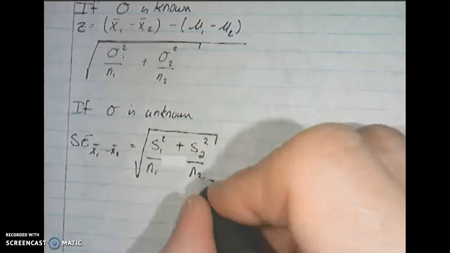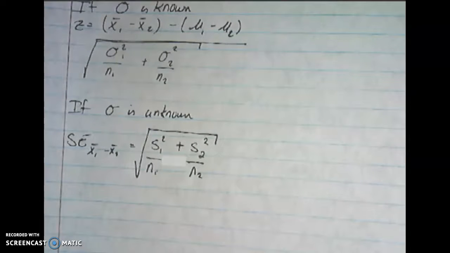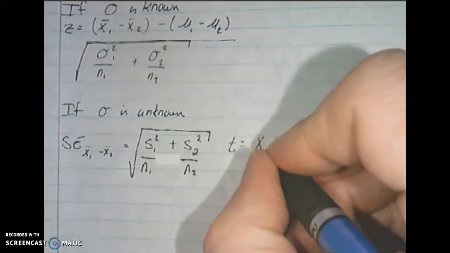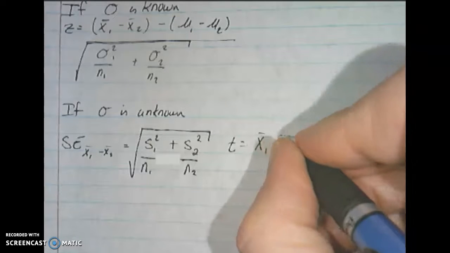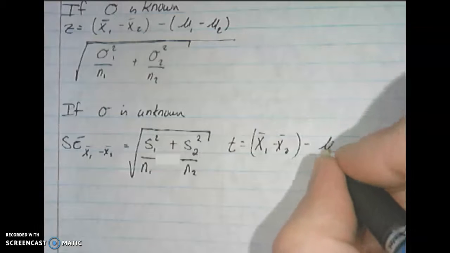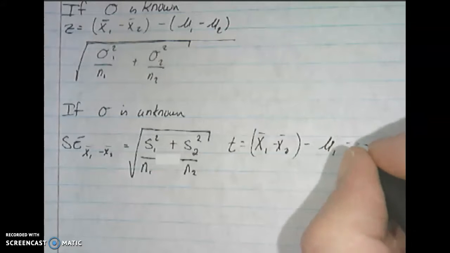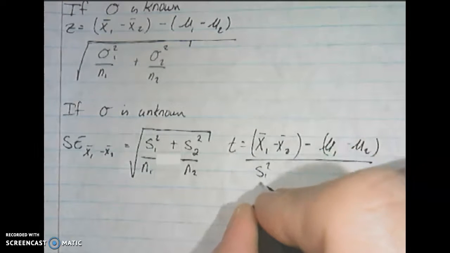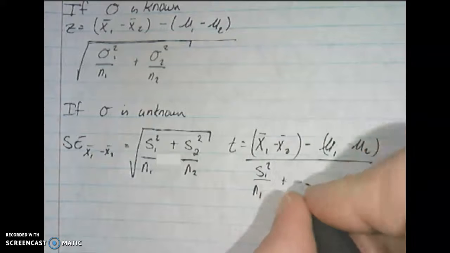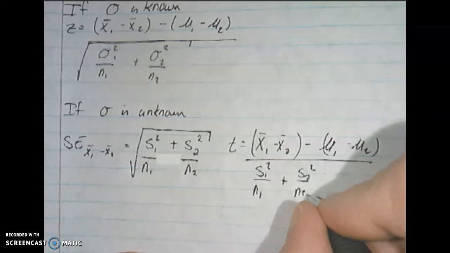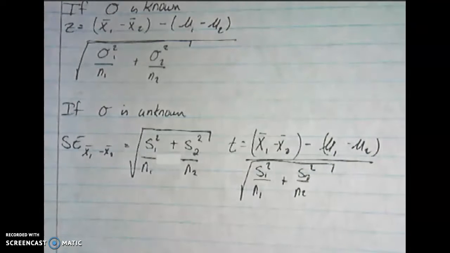So the 1's match up, the 2's match up, and that's my standard error. Okay? So then the t statistic would be x bar 1 minus x bar 2 minus the mean of 1 minus the mean of 2 divided by the sample standard deviation squared of 1 divided by n1 plus the same for 2, basically our standard error. And we're going to take the square root of that. Okay?